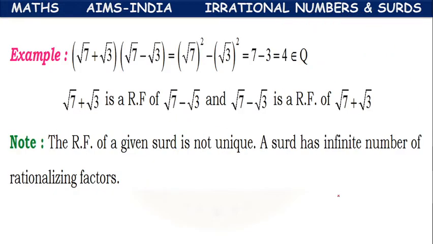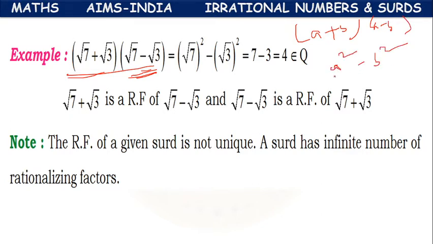Next, another example: root 7 plus root 3 into root 7 minus root 3. It is in the form of a plus b into a minus b, and the product of a plus b into a minus b equals a square minus b square, according to the normal formula. So we can write root 7 whole square minus root 3 whole square.